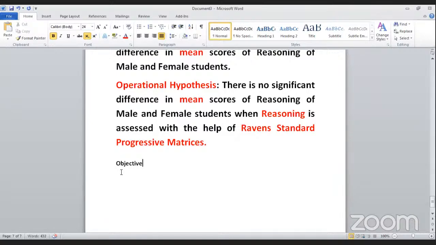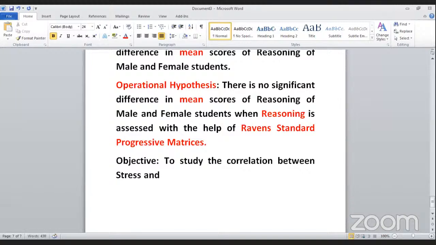And the objective which I am now taking is to study the correlation between stress and achievement in mathematics of students.